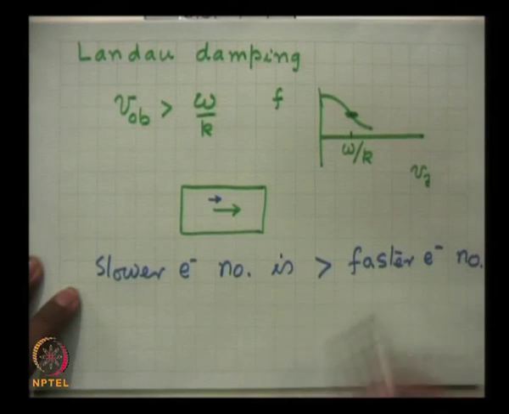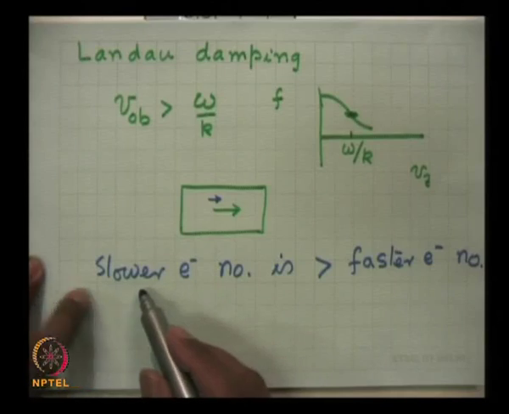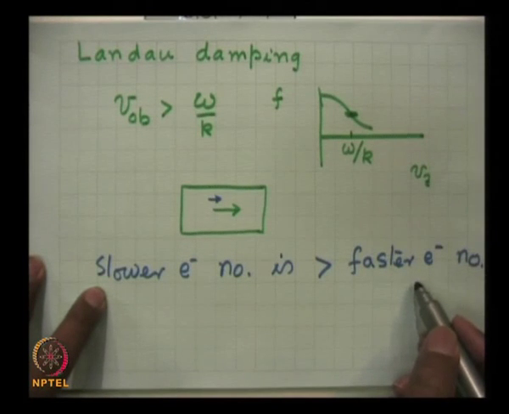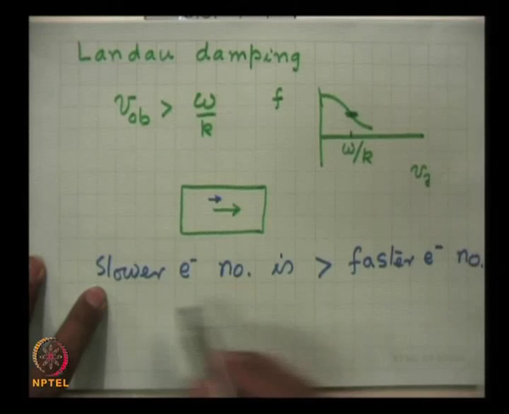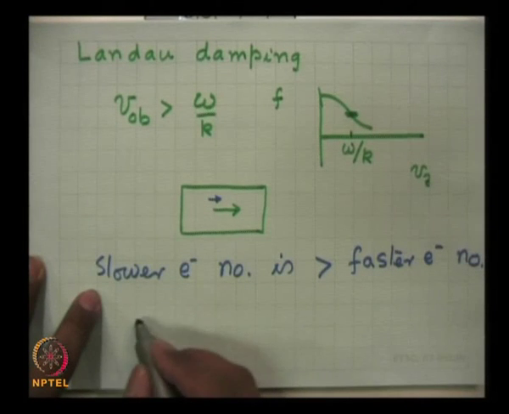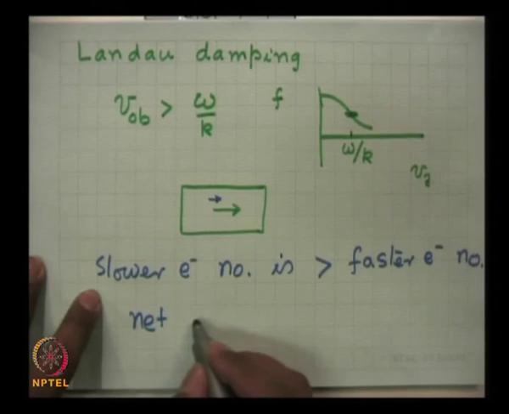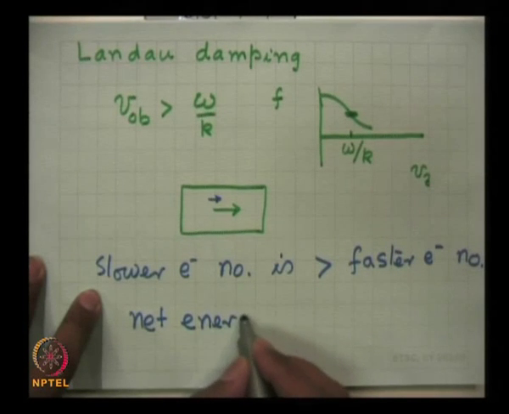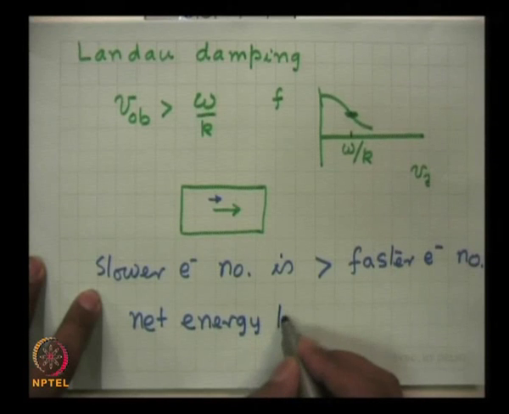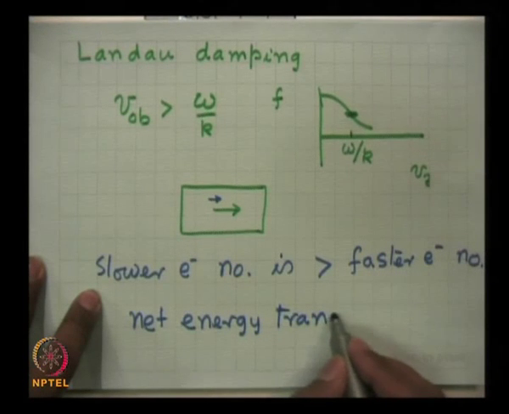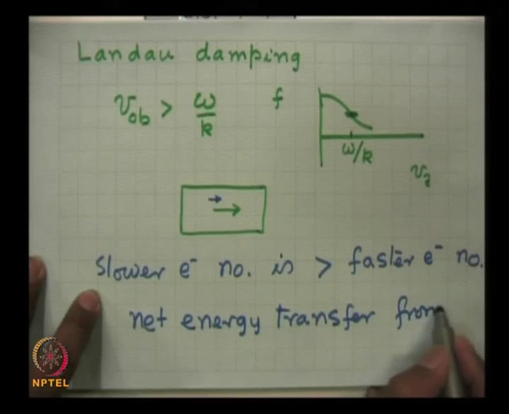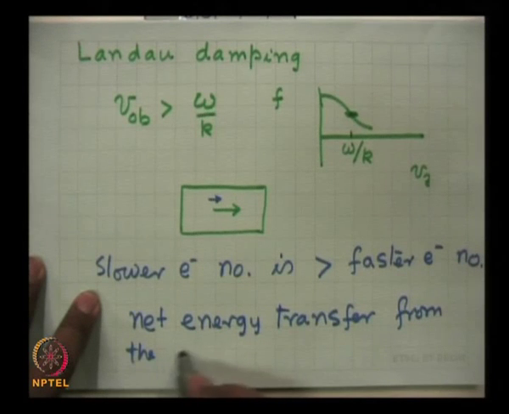What is going to happen because of this? More electrons are there to take energy from the wave, fewer electrons are there to give energy to the wave, and there is a net energy transfer from the wave to the electrons.